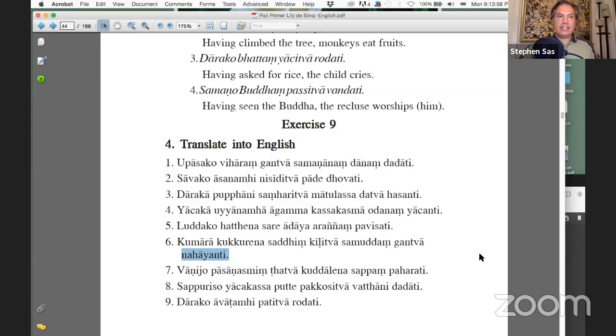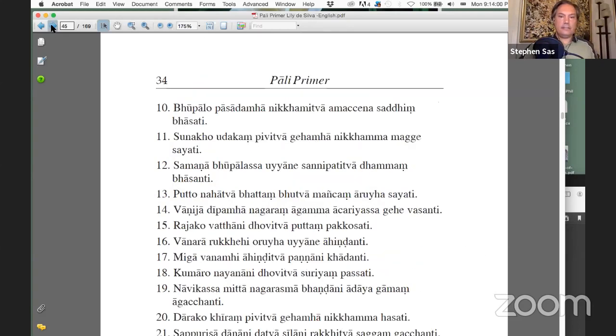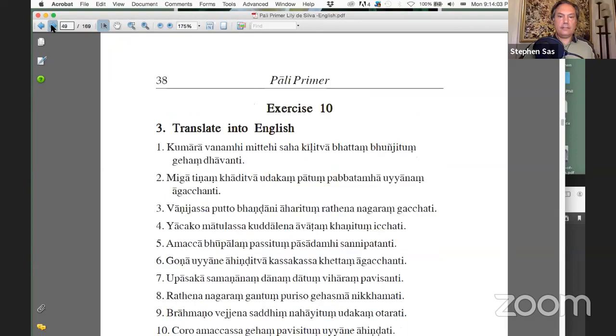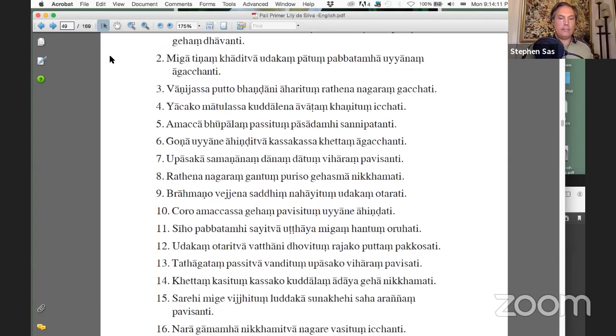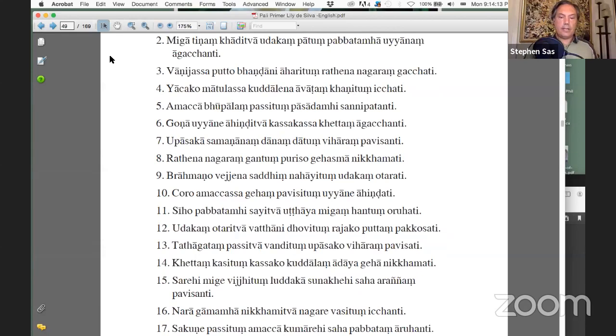Lesson 10, number 12. Okay, hang on. Okay, I'll read it out for you. It's a question just about one word. Vata, Vatani, that looks like it's neuter, but elsewhere we had Vata as cloth.